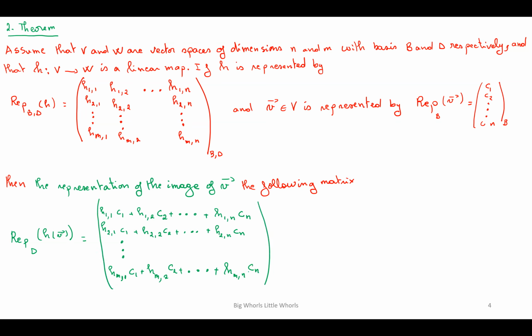Okay, so that's the theorem. Is that okay? So that's how we are going to represent the image of a vector with respect to the codomain basis. Now from this theorem you can derive yourself the definition for multiplication of a matrix with a vector.